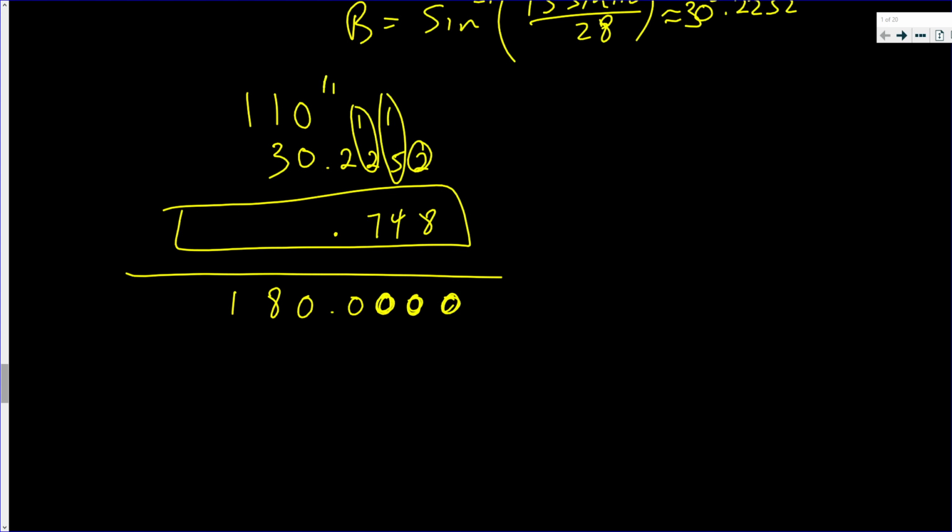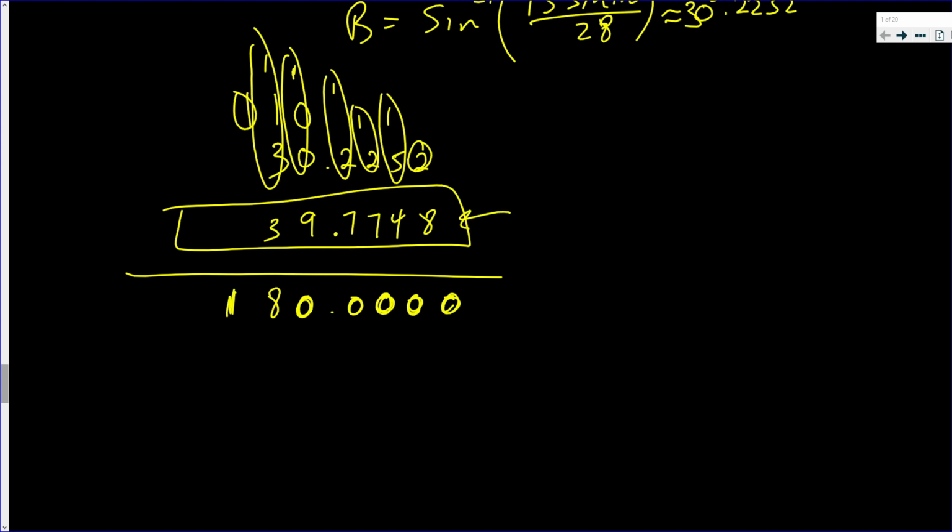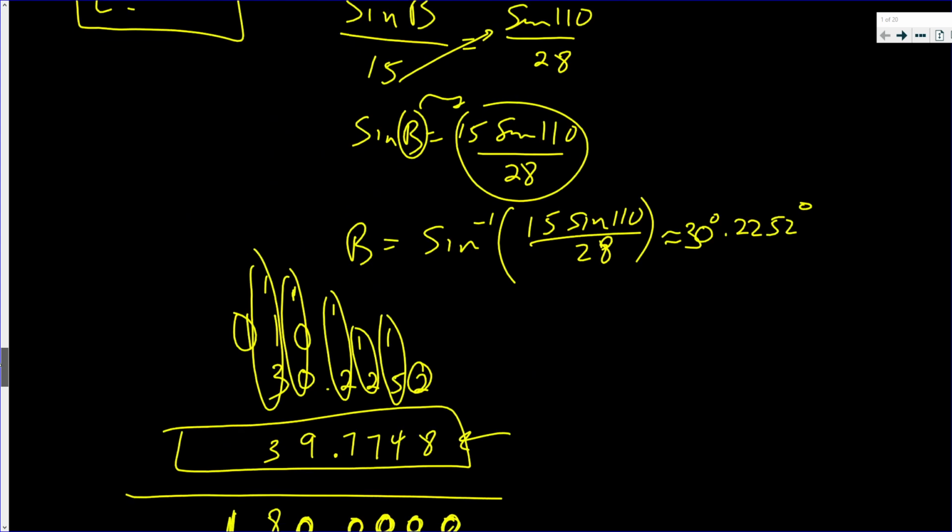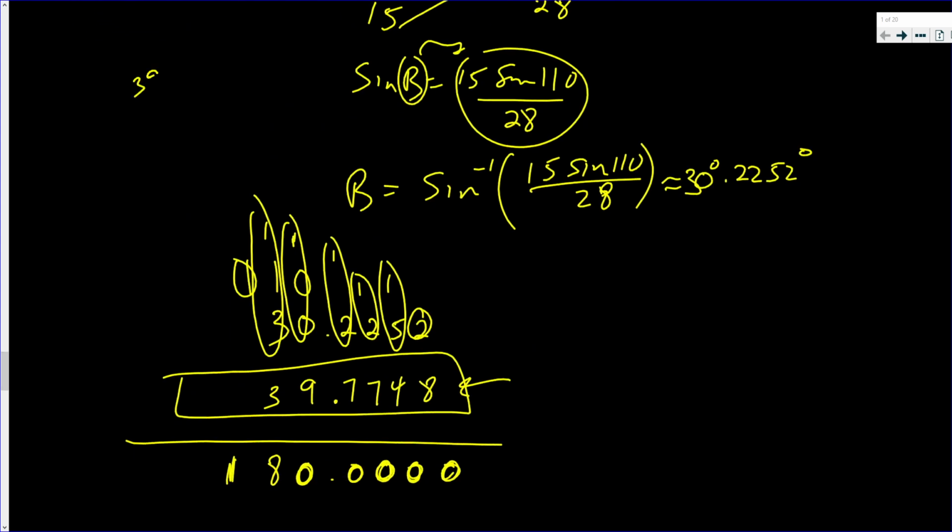This column right now is 3. I add 7, I get 10, carry the 1. This adds up to 1, so I add 9, I get 10, carry the 1. This adds up to 5, I add 3, I get 8. And the 1 is that 1. So it looks like that's the other angle, 39.7748.